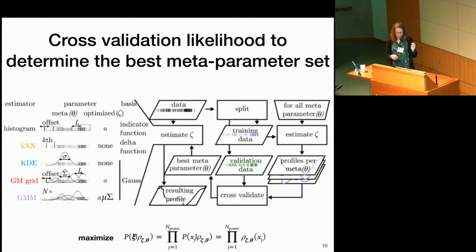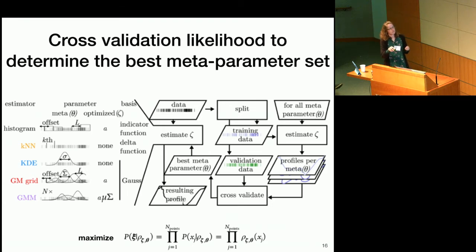And the idea here is to avoid overfitting by using cross-validation. This is done to find the best set of meta parameters. I explained this estimation just before; adding in the cross-validation looks like this. You start from the data and split it into a training set and a validation set. With the training set, you estimate the parameters, and you can calculate the profile using each of these estimators. Then you estimate the likelihood on the validation data, which allows you to find the set of best meta parameters.